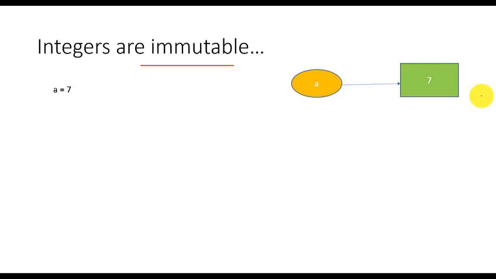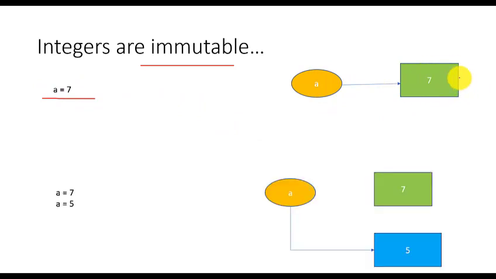Let's try to understand it using an example. So consider this statement a is equal to 7. For this, the variable a is pointing to a memory block containing value 7. Now let us say we change the value of a to 5. As soon as this statement gets executed, the variable a starts pointing to a new memory block containing value 5.